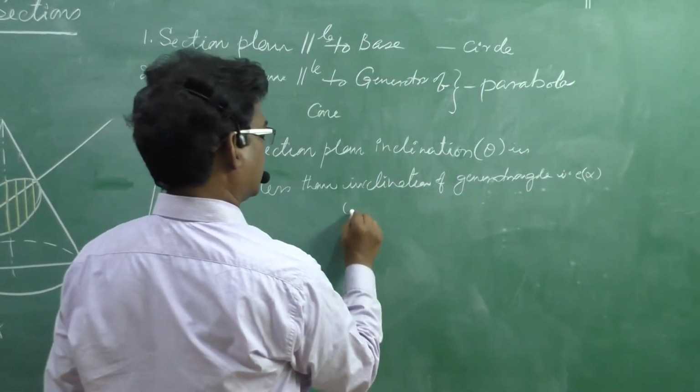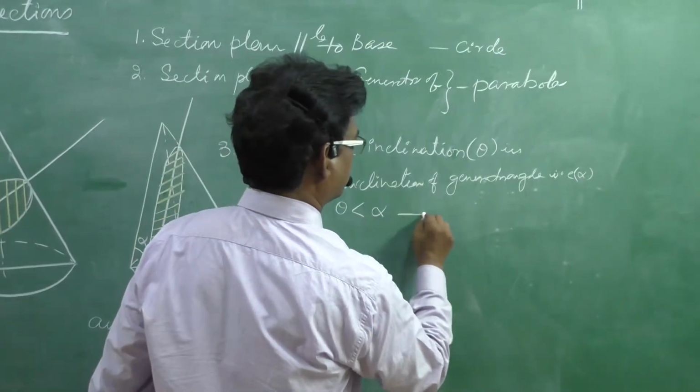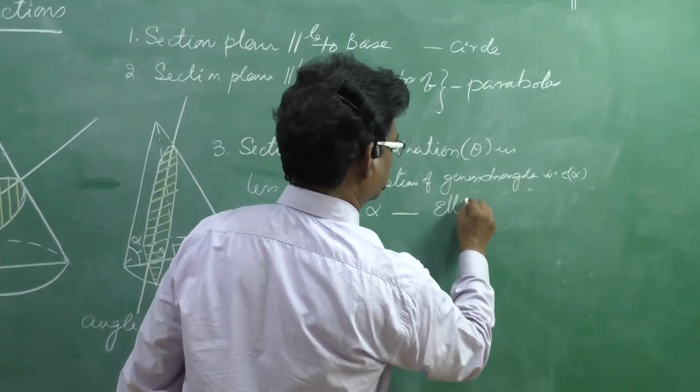Okay, theta is less than alpha. The obtained shape is an ellipse.